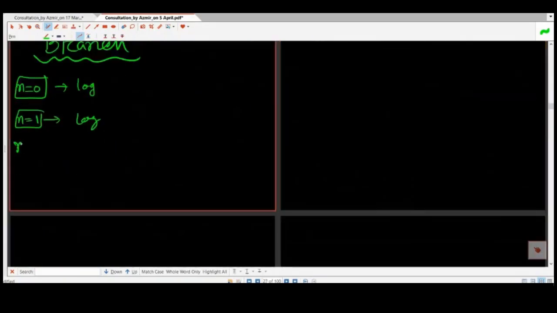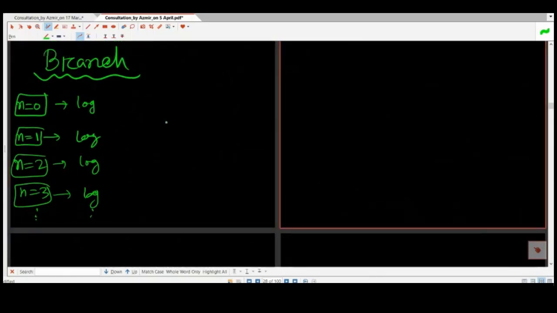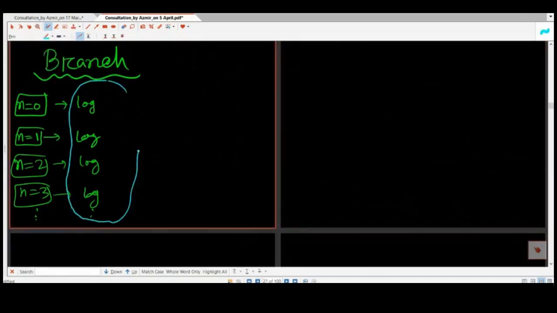Similarly, for n equals 2, we will get another log. For n equals 3, we will get another log, and this process will continue. Therefore, we can say complex logarithm is a multiple valued function.